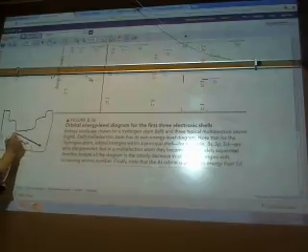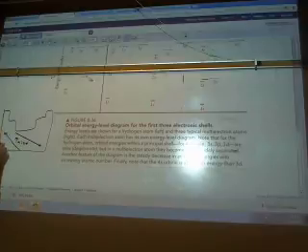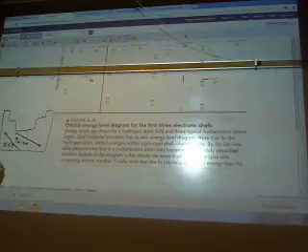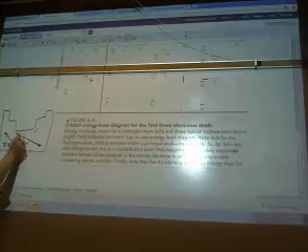Here, the ionization energy increases as we go up and left. Here, the metallic character increases as we go down and left.